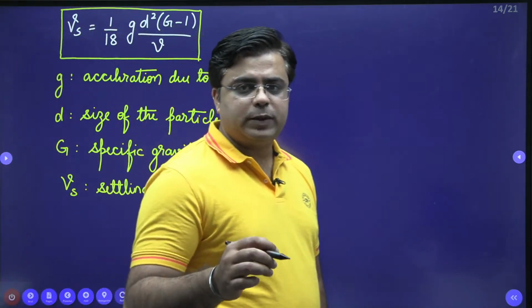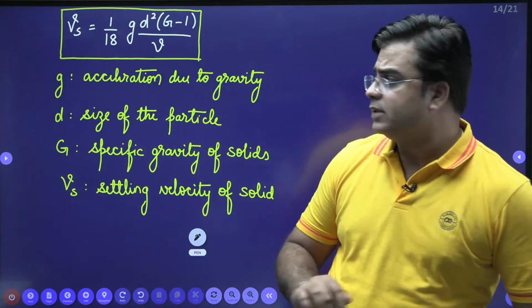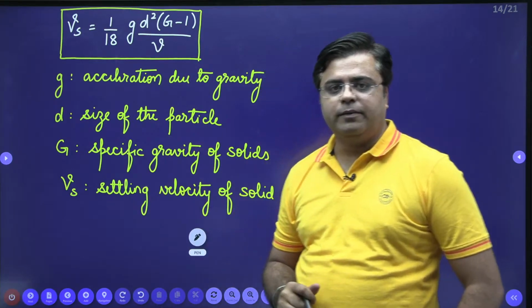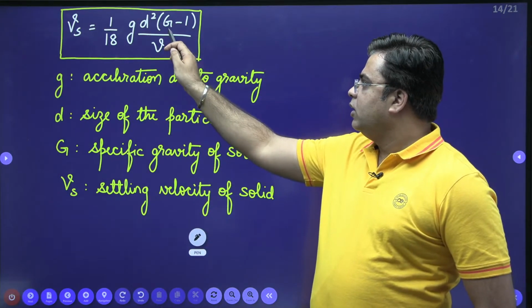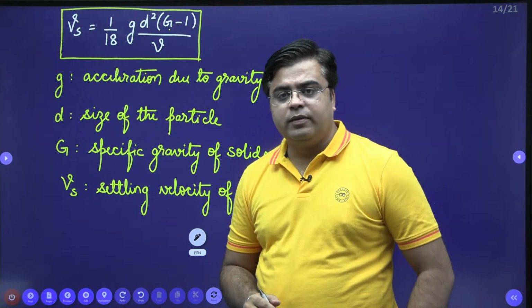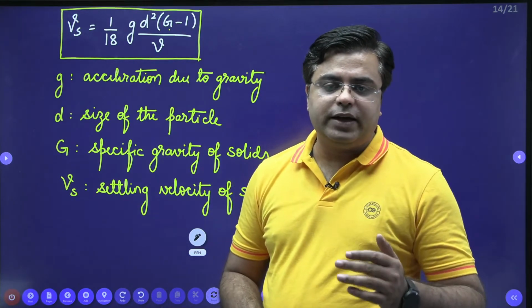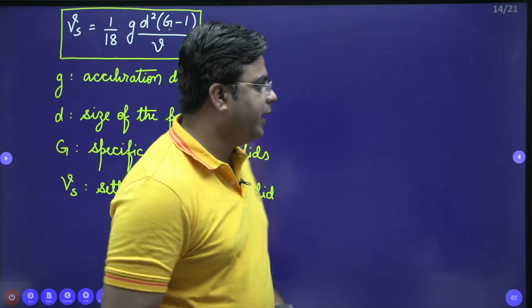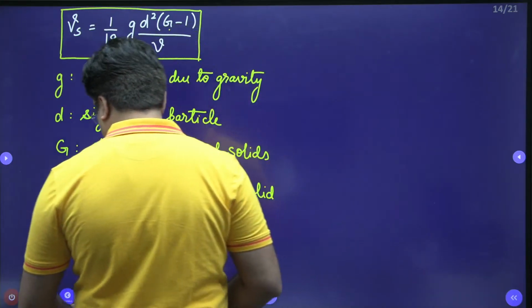So from this expression, one thing is very clear: the settling velocity of the solid depends on the size of the solid, and it also depends on the specific gravity of the solid. If you change specific gravity or size of the solid, settling velocity will also change. So I'll write this in very bold letters.